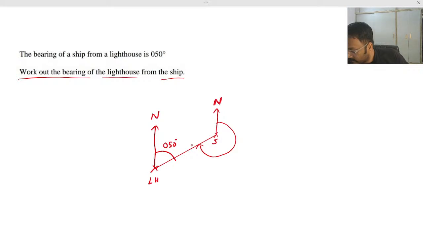Rekhansh 230. Janak Kumari is 310. Okay. Let's see. 180 plus 50, I guess. 230, yes. Devansh is saying 230. Insia is saying 230, okay.